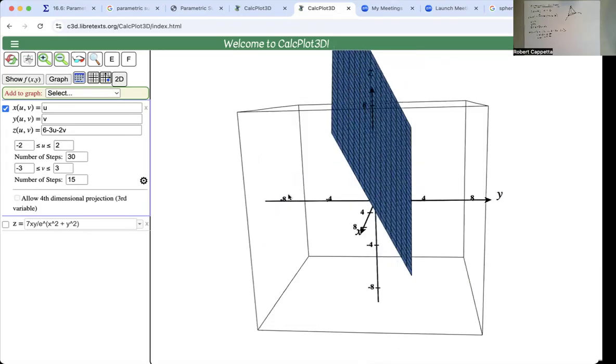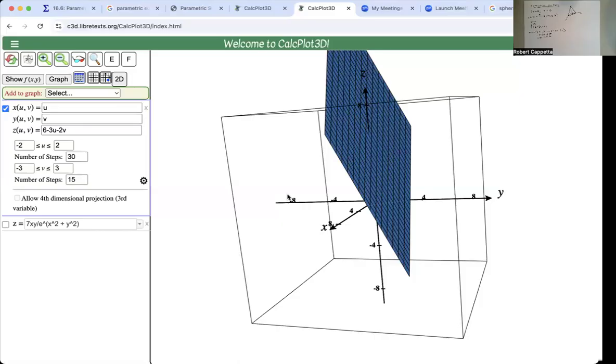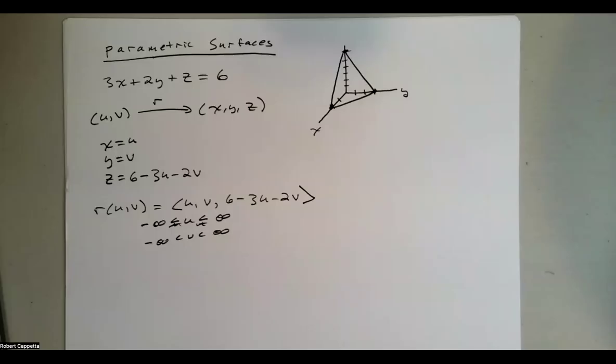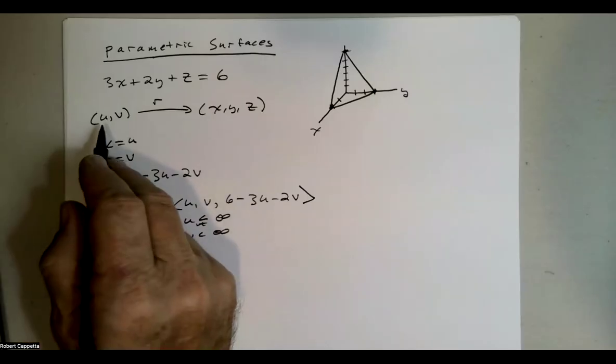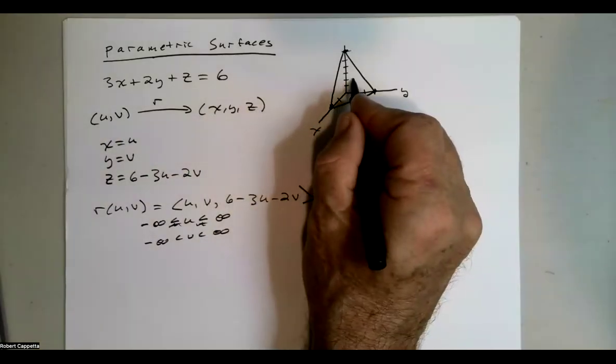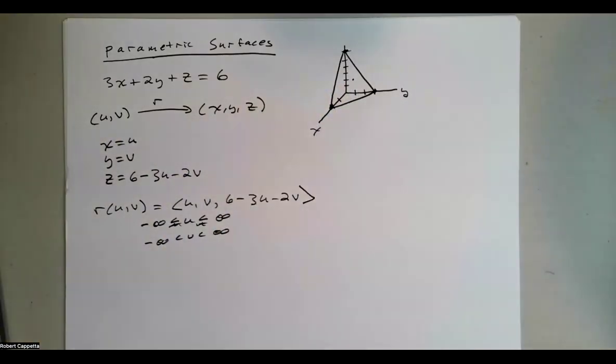So that looks reasonable to me. So that's a representation in parametric form for that plane. So again, we're considering moving from a point UV to a point XYZ on the surface.